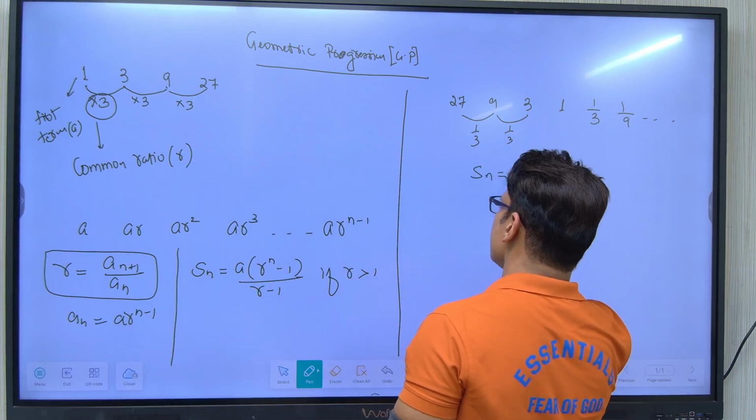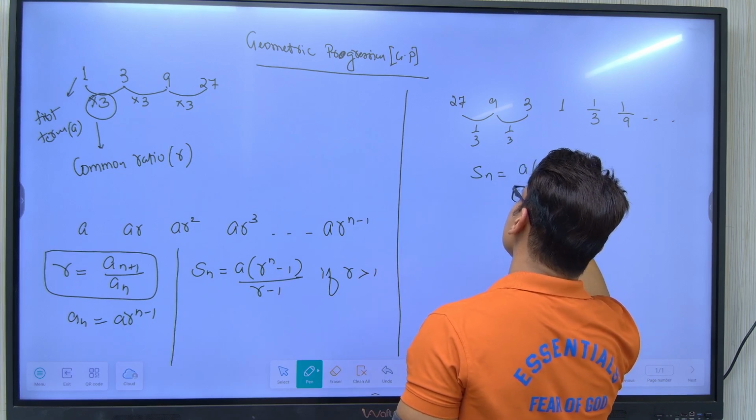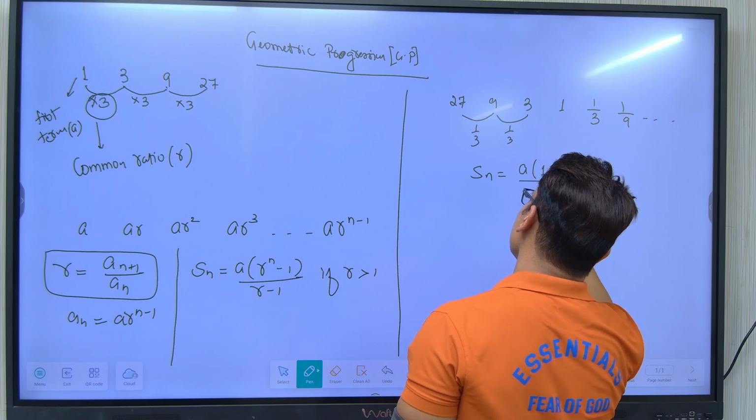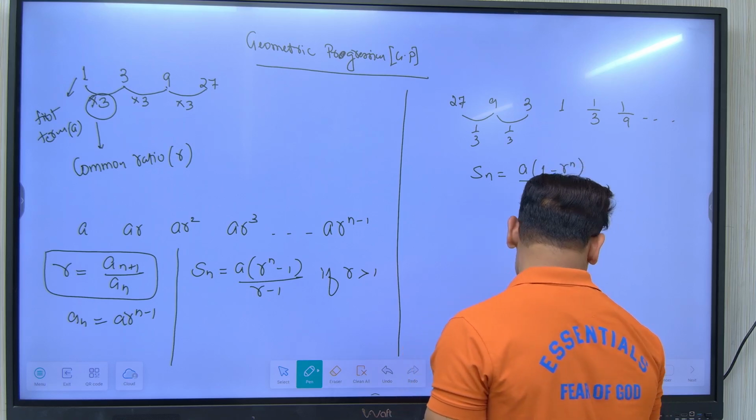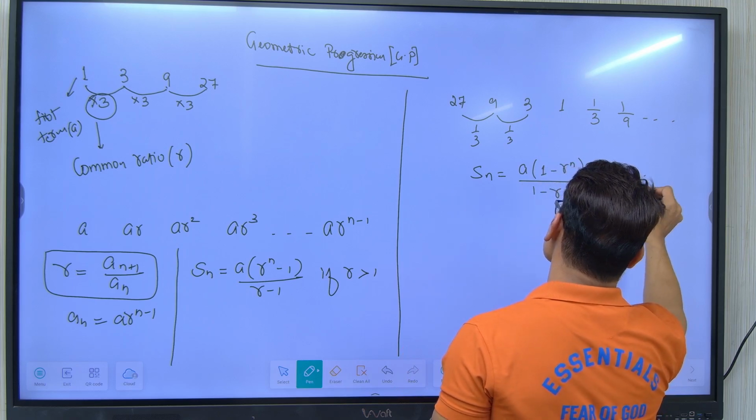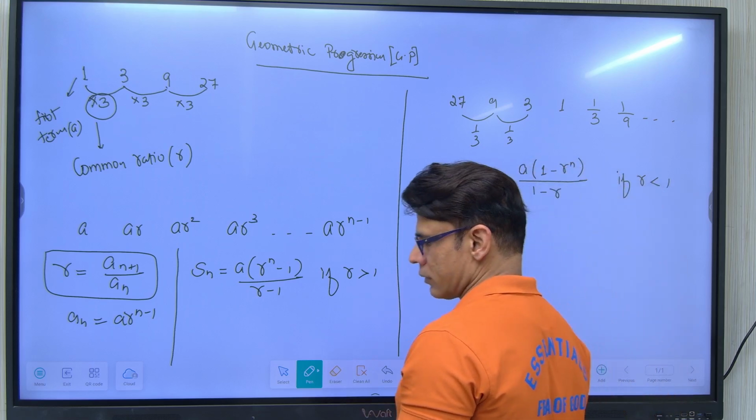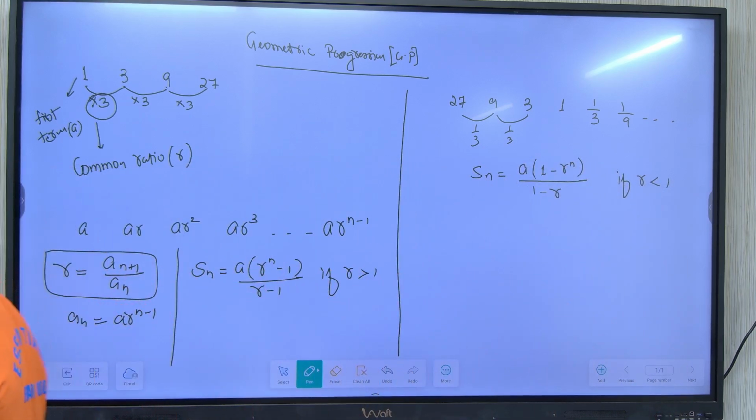Here sum of n terms will be given by A into 1 minus R raised to the power n upon 1 minus R, if R is less than 1. Right?